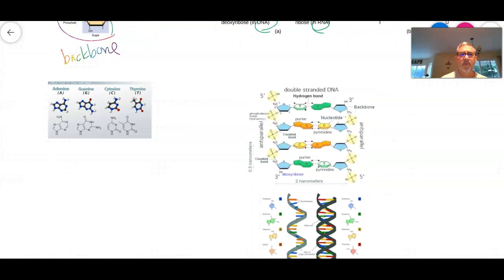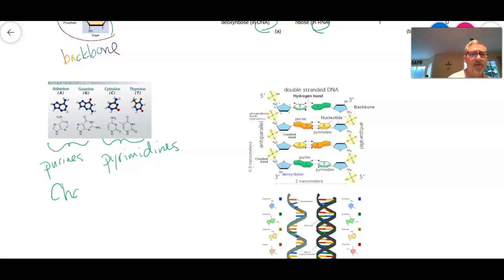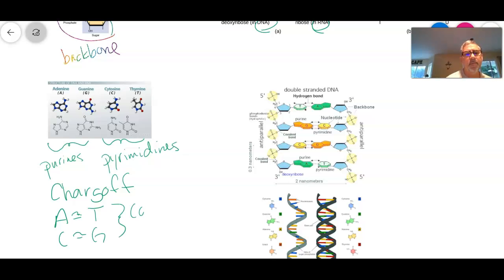Okay. So we have our bases, right? A and G. These are our purines. And C and T are pyrimidines. Remember Chargaff said A is roughly equal to T, and C is roughly equal to G, because of complementary pairing.